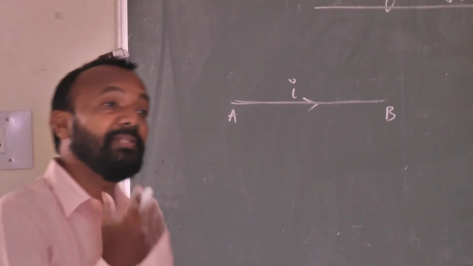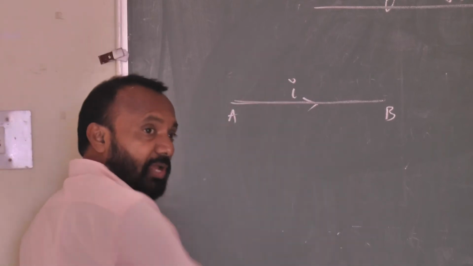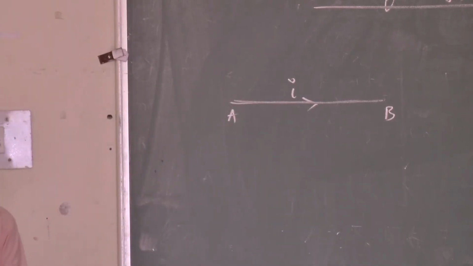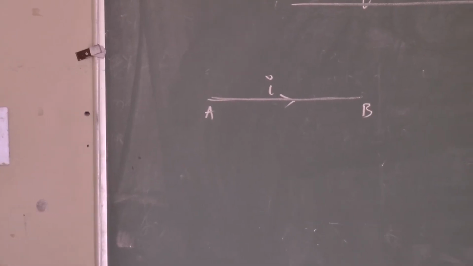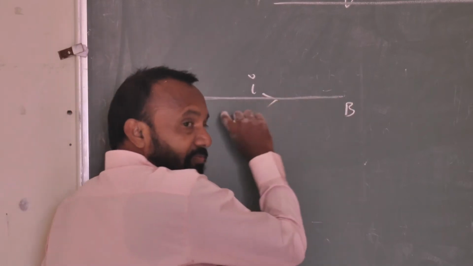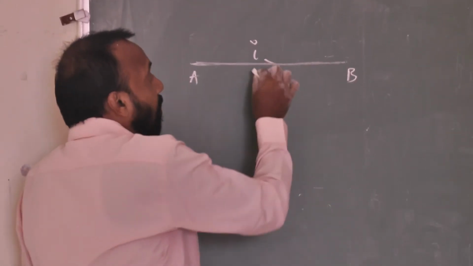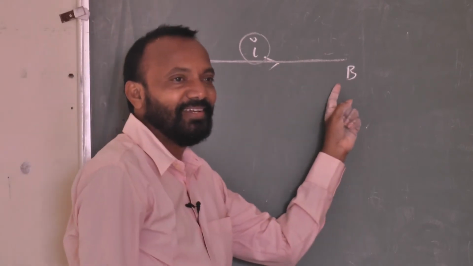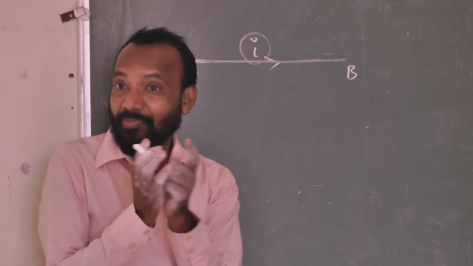You know, energy is converted from one form to another form according to the law of conservation of energy. Energy neither can be created nor can be destroyed. It is only converted from one form to another form. Here, electrical energy is transferred through the conductor. Then 100% of this electrical energy is not converted, so some of the energy gets dissipated in the form of heat.